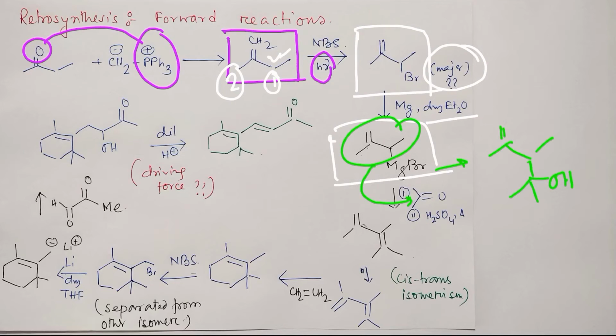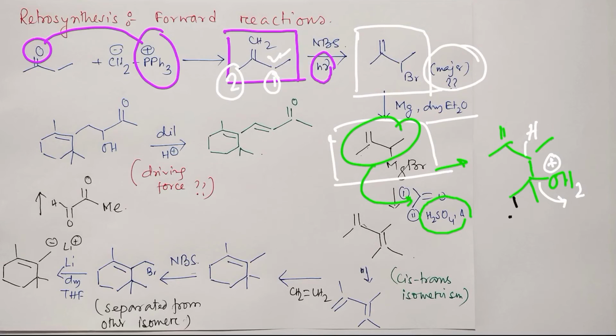And if you put a slight amount of dilute sulfuric acid and heat, first of all it will be converted into the corresponding carbocation. The group will leave, and this is a stable tertiary carbocation, and it undergoes elimination. There are two chances.